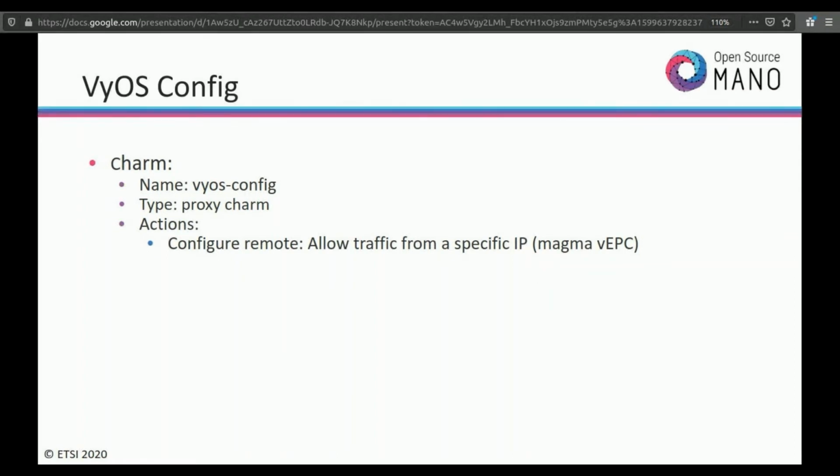And as I said, this will be a proxy charm, and it will only have one action that will be configure remote. In that action, we will specify the IP to which we want to let access through the BIOS router.